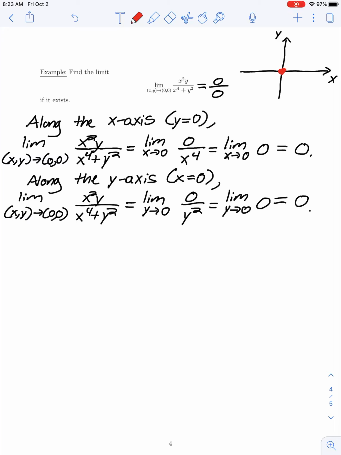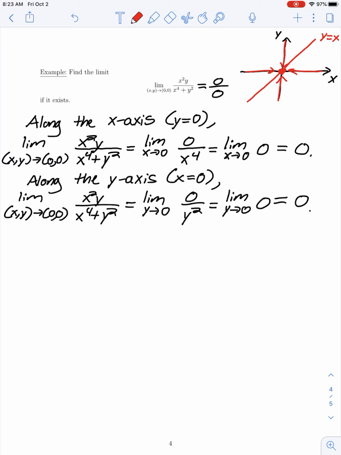And we've already shown that if we approach (0, 0) along the x-axis or along the y-axis, we will have the same limiting value of 0. Now, in the previous example, we then considered the line y equals x, and we saw that we had a different limiting value.